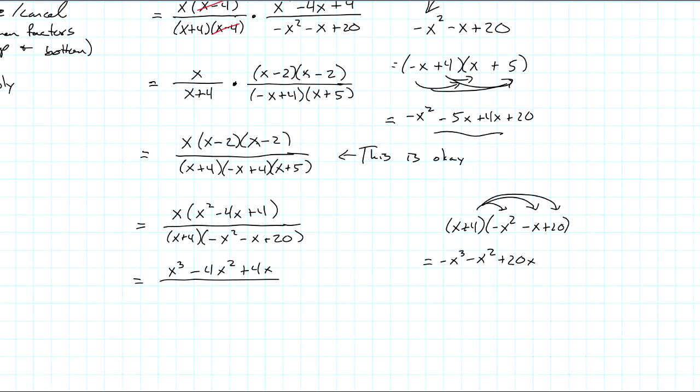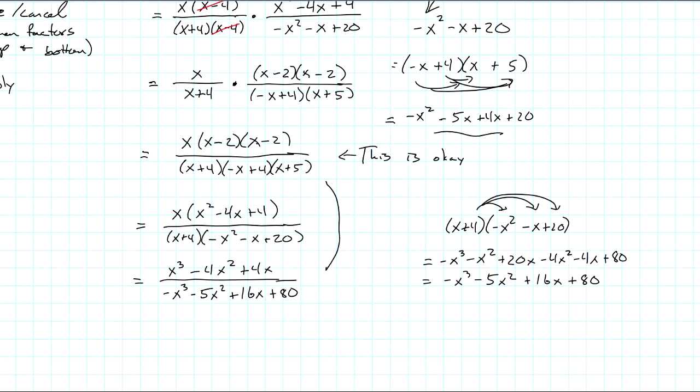We'll get negative 4x squared minus 4x plus 80. And combine these, we'll get negative x cubed minus 5x squared plus 16x plus 80. So I'll just put that in over here. Negative x cubed minus 5x squared plus 16x plus 80 for our denominator.